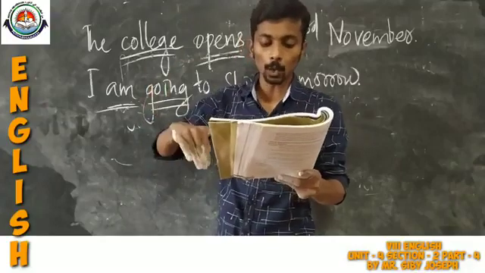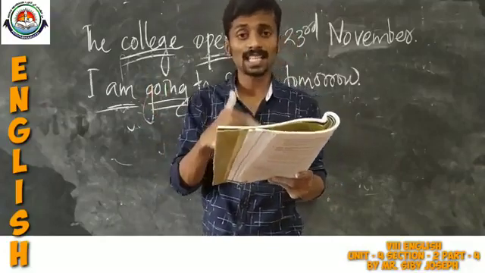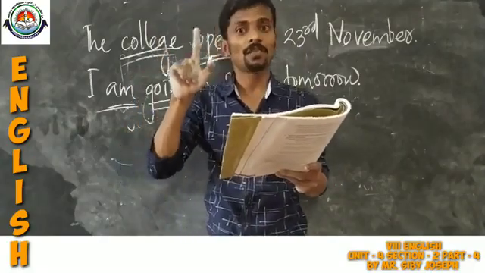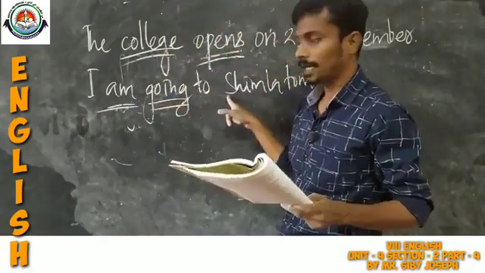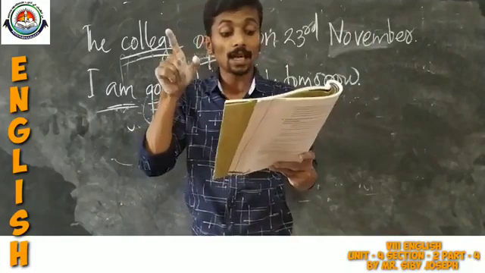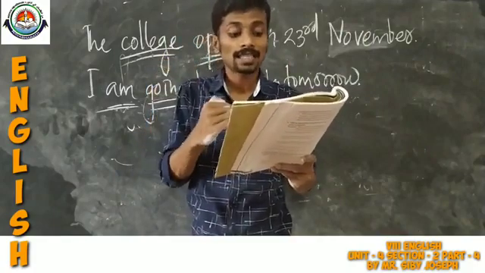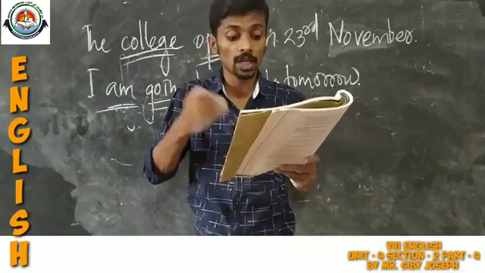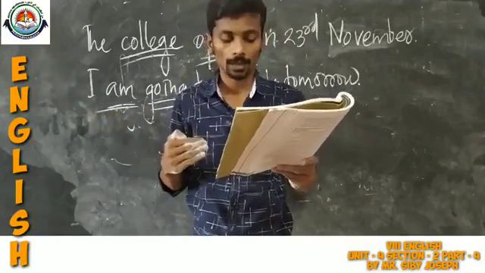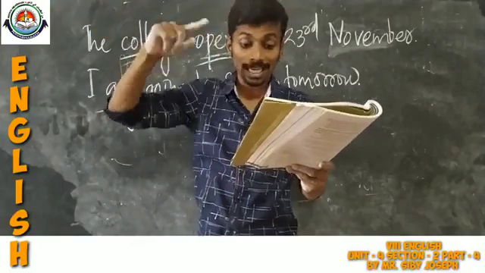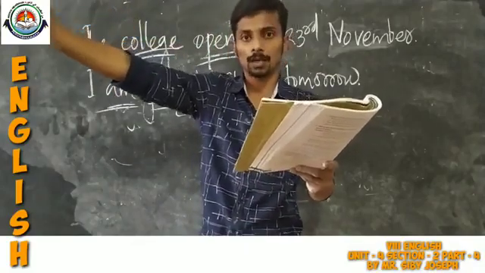Now let us come back to the examples given in your textbook. We often use the present continuous with the future meaning. That is what I said here. This is Sania Mirza's diary for next week. So this is actually Sania Mirza's timetable for the coming week. She is playing a match on Monday afternoon. She is meeting the press on Tuesday afternoon.